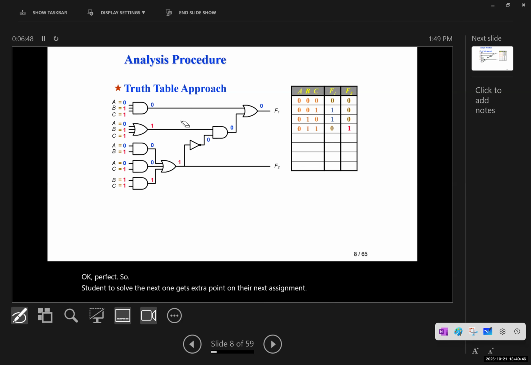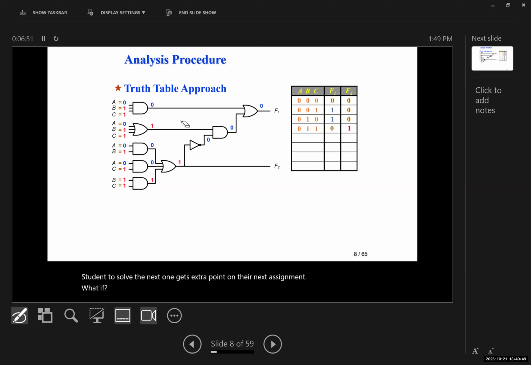So the student to solve the next one gets the extra point on their next assignment. What if A is 1, B and C are 0, 0? The 1, 0, 0. What about F1?